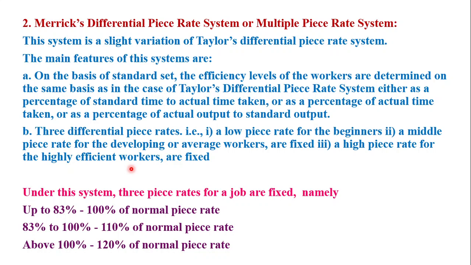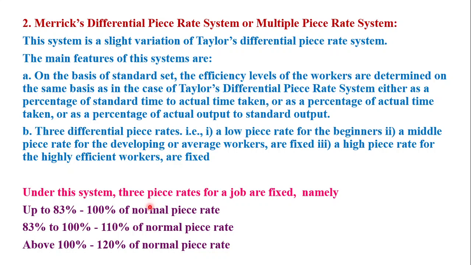The second feature is that in Taylor's differential piece rate system there were only two piece rates. Here there are three differential piece rates: a low piece rate for the beginners, a middle piece rate for the developing or average workers, and a high piece rate for the highly efficient workers. Under this system, three piece rates are fixed.